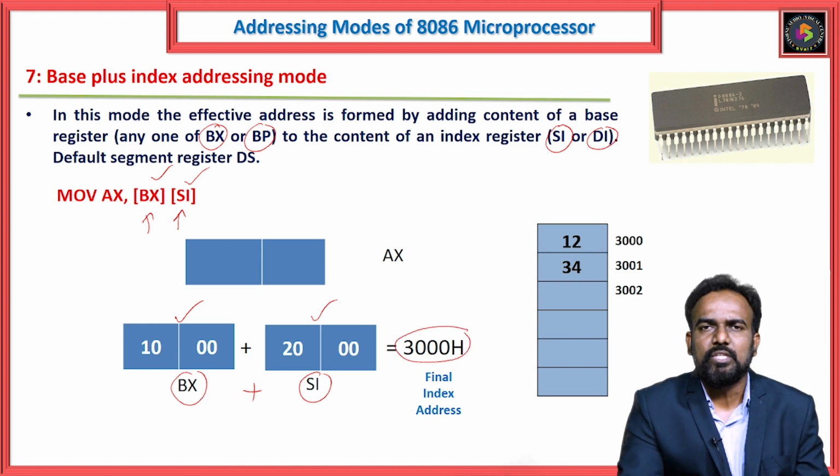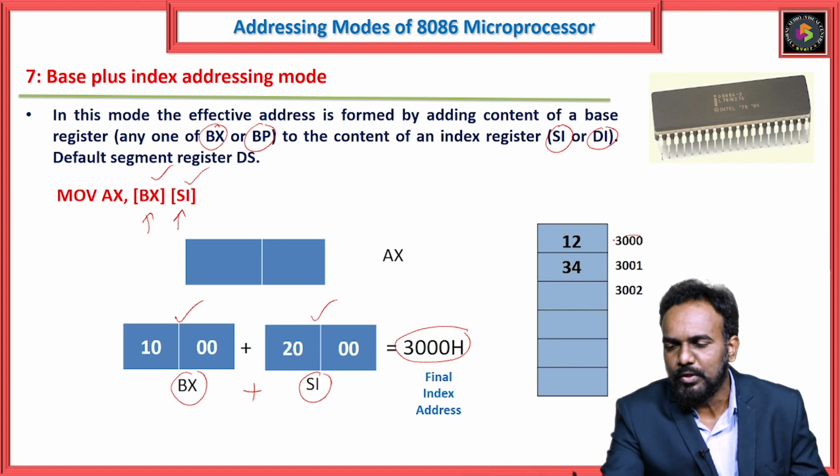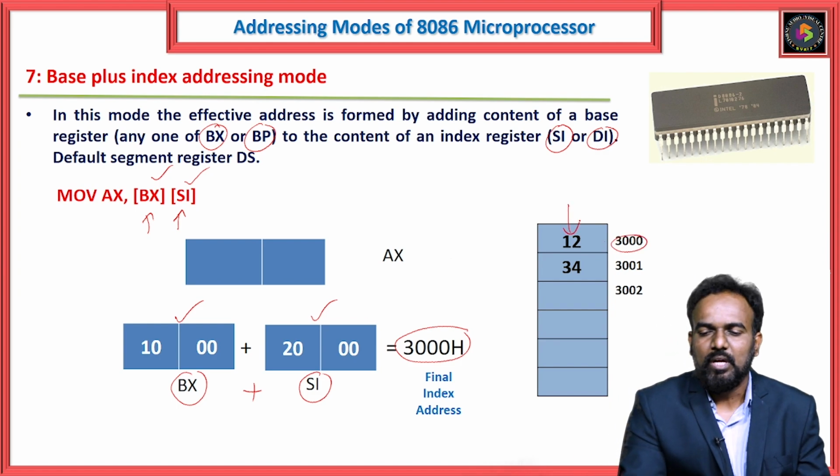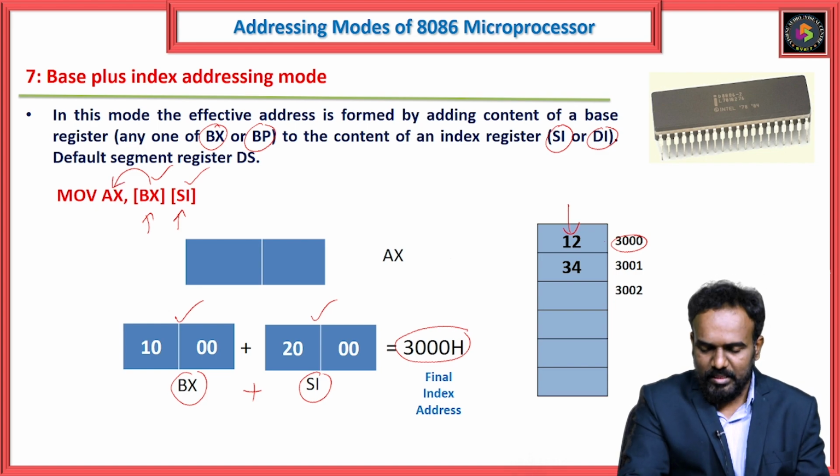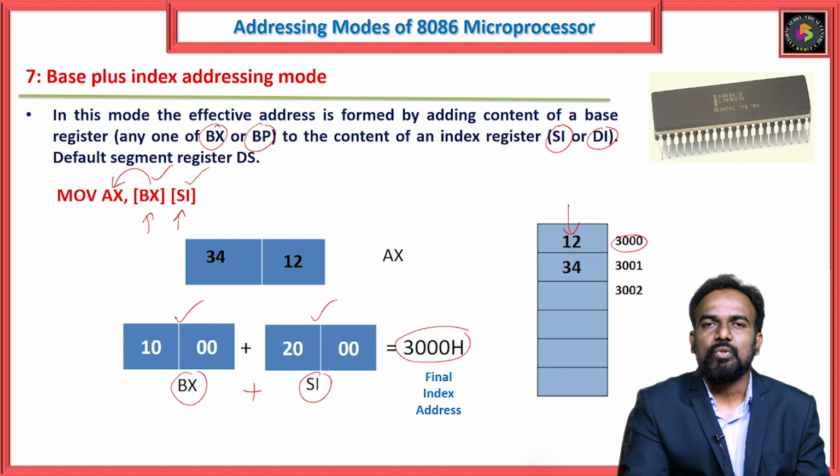This 3000H offset address points to some data, that is 12H. That data we are going to move into the AX register. In that way, we transfer the data 3412H to the AX register. This type of addressing we call the base plus index addressing mode.